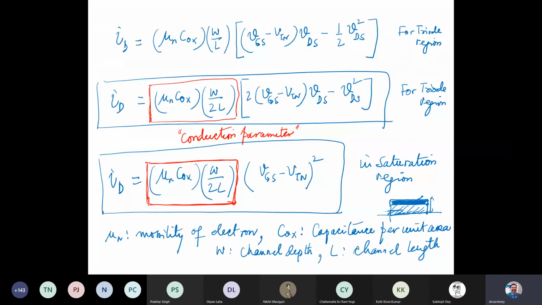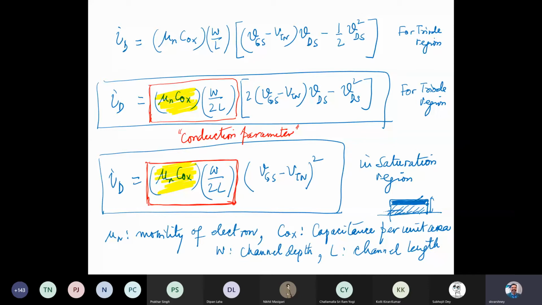So mu n and COX are constants, determined by the process technology used to fabricate the N-channel MOSFET, whether it's the oxide layer thickness you are taking. Mu n is fixed, but COX is found by the process technology.